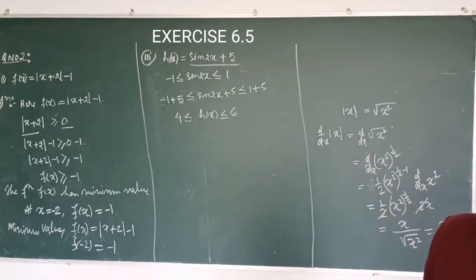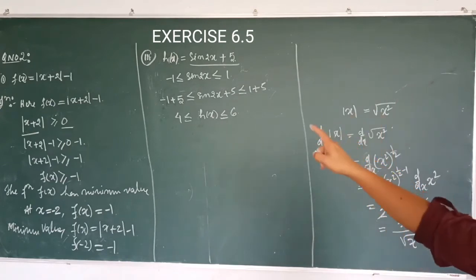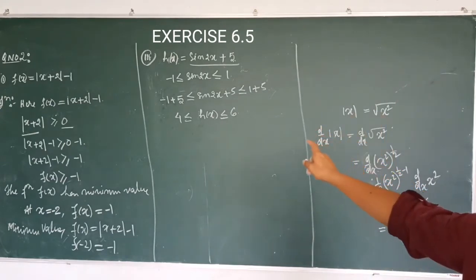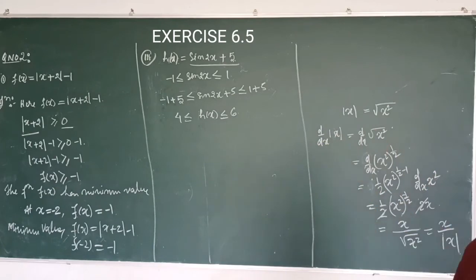Now we ask, what is the maximum value? The function h of x, the maximum value is 6 and the minimum value is 4.